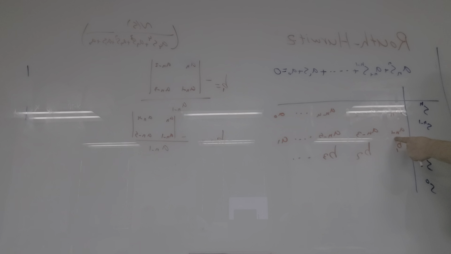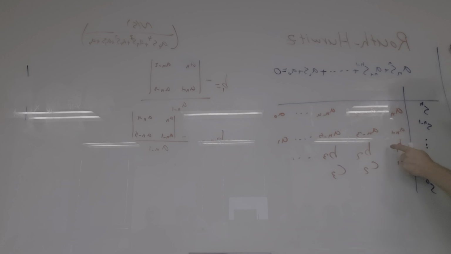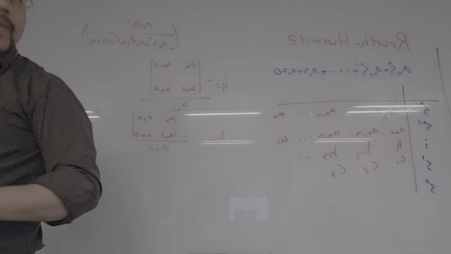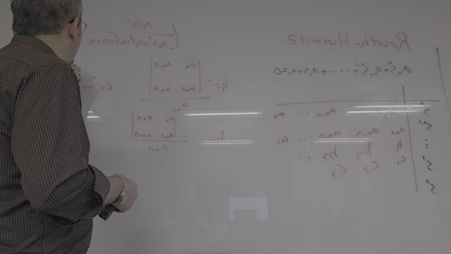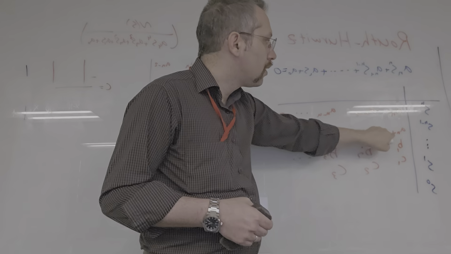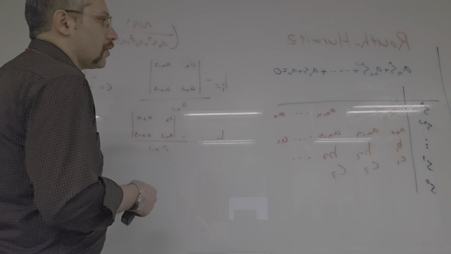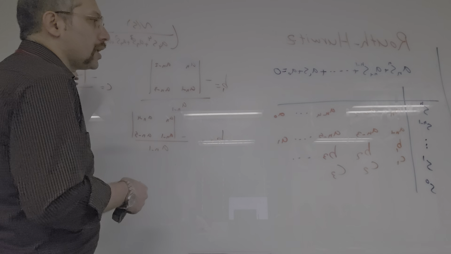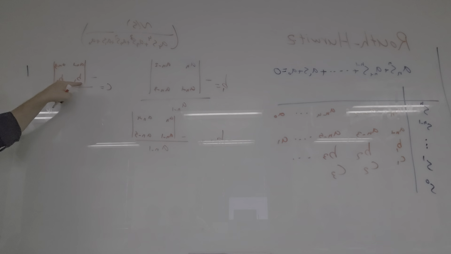Are we good? Now, after this, we have another row, C1, C2, C3. Same way that we calculated the B1, we calculate C1. C1 is going to be minus the determinant of this matrix, an minus 1, an minus 3, B1, B2, divided by the left bottom, B1.